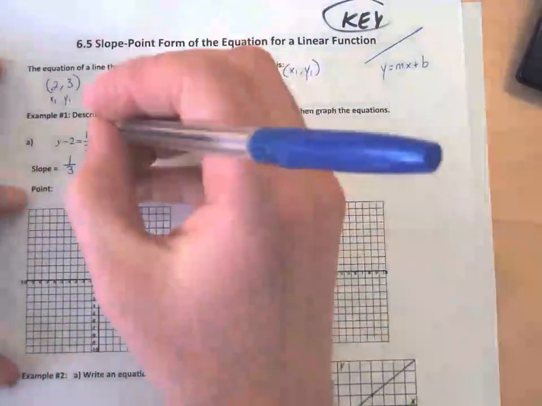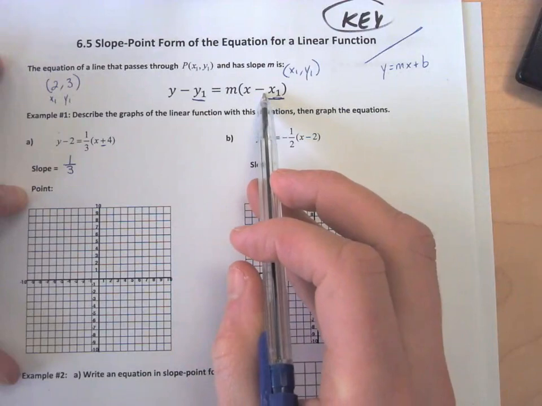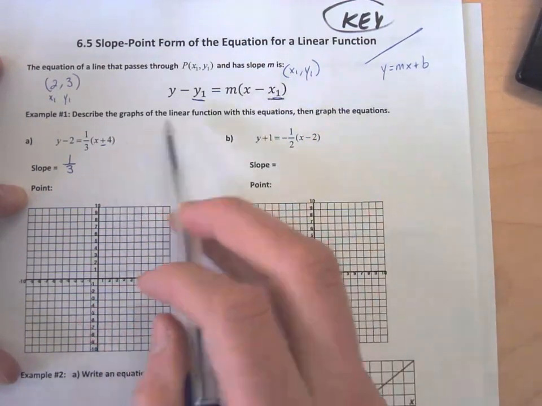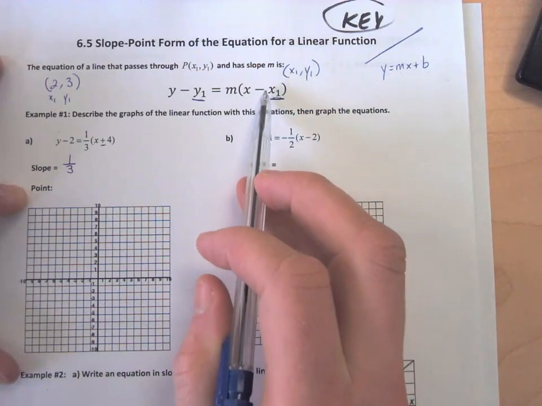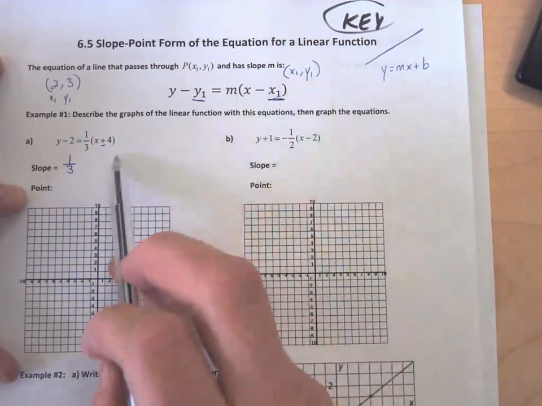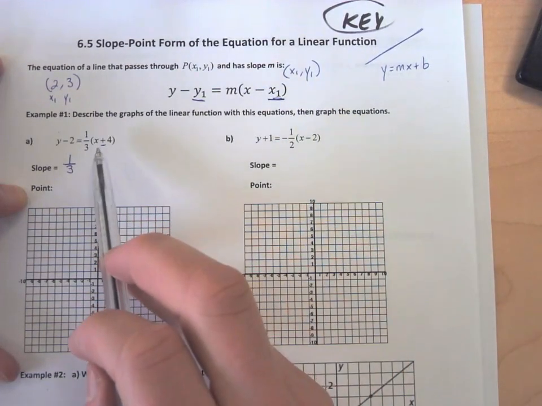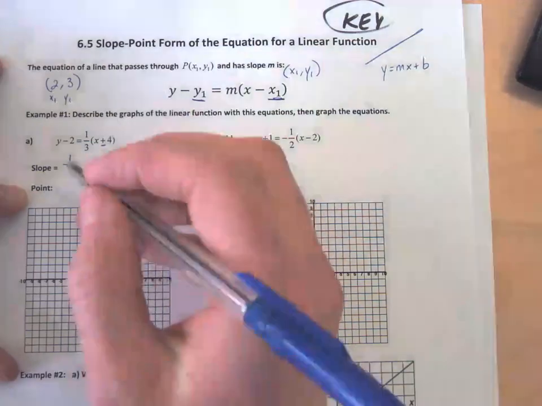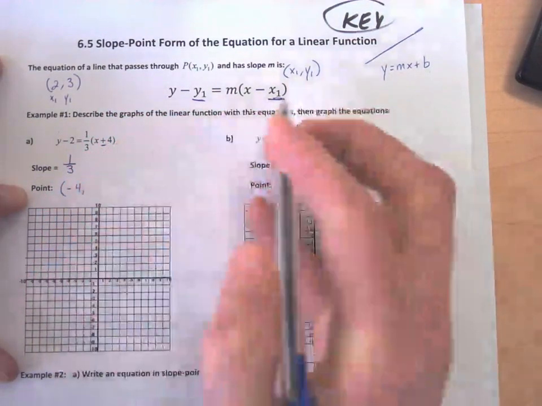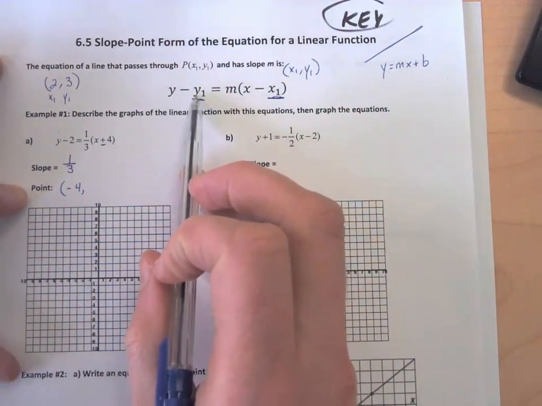If you notice, it's a plus right there, and then this is a minus, right? So what does x1 have to be so that minus something gives you a plus? x1 would have to be negative 4, because minus negative 4 gives you plus 4. Okay, so our first value would be negative 4.